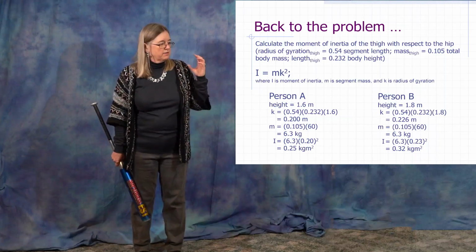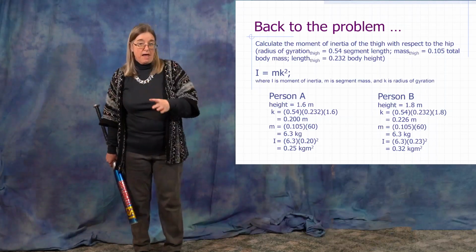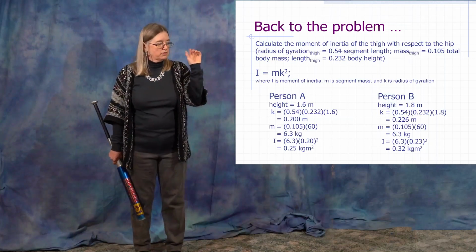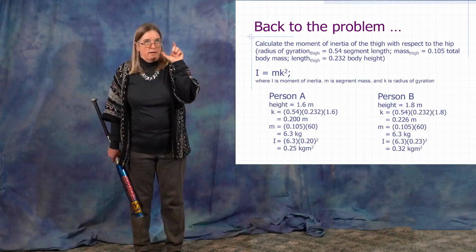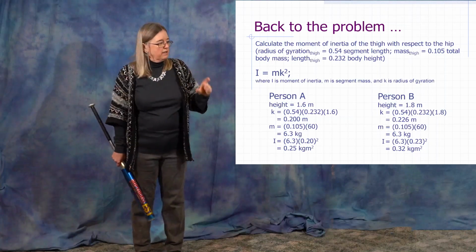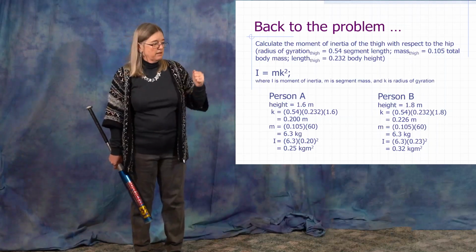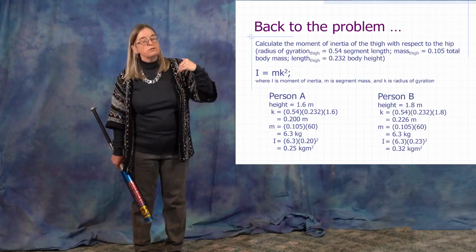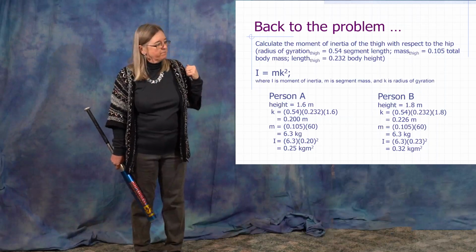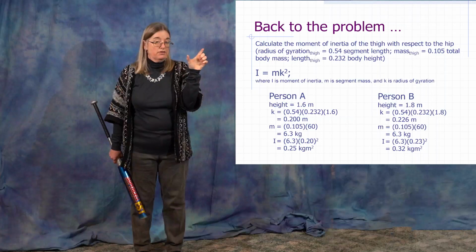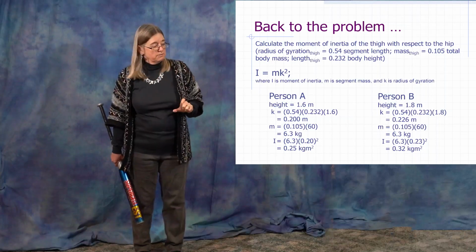If we take the same person with the same mass but a different height, and they're taller, their thigh segment length is now 0.232 times 1.8 meters, and then times 0.54 gives you the radius of gyration. So now you have a radius of gyration of 0.226 meters.